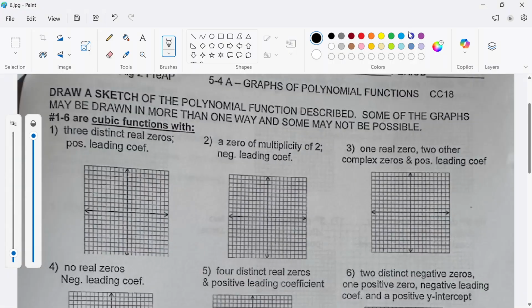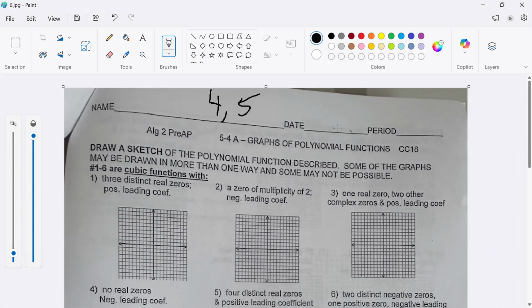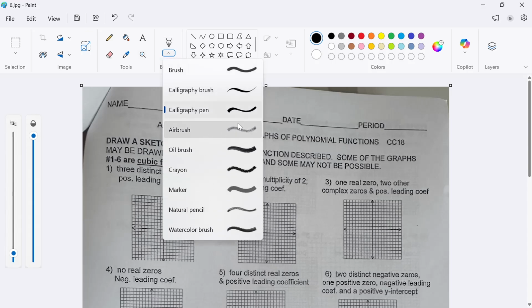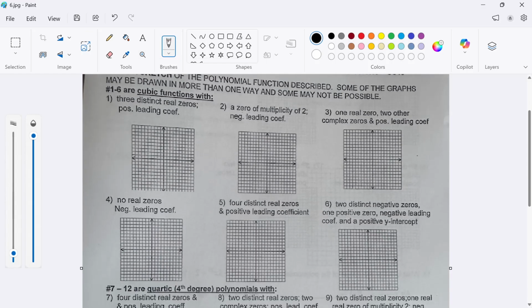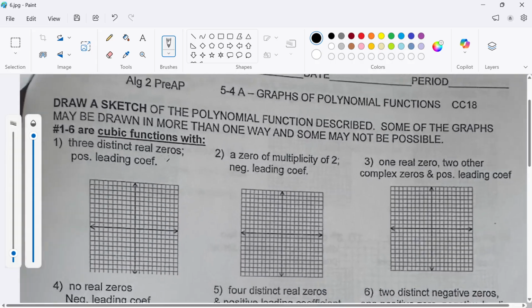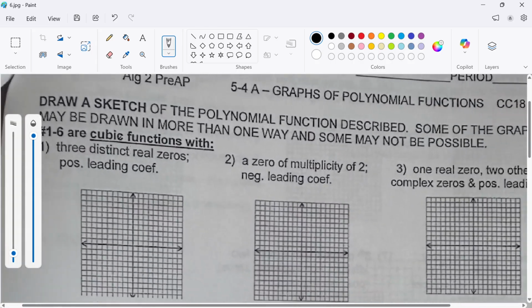Now I'm going to go to this first page and see what's going on here. I have to graph these. It says there are 3 distinct real zeros, and this is a cubic function. 1 to 6 are cubic functions with a positive leading coefficient. So that's odd and positive.